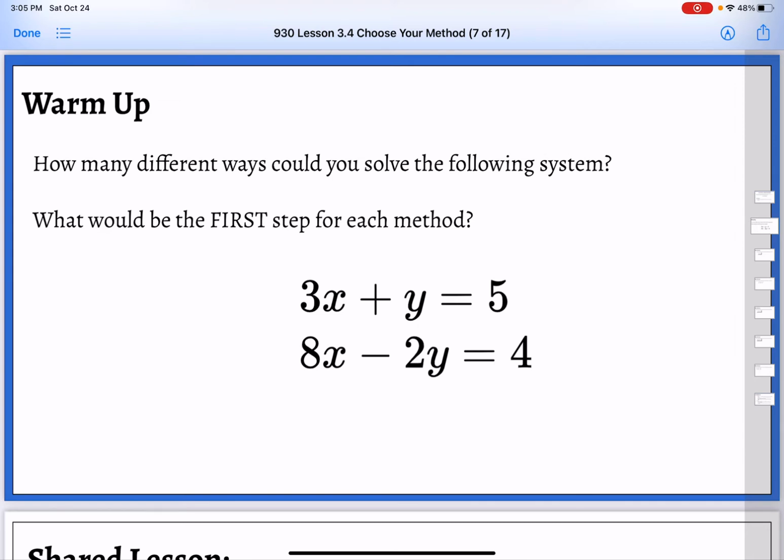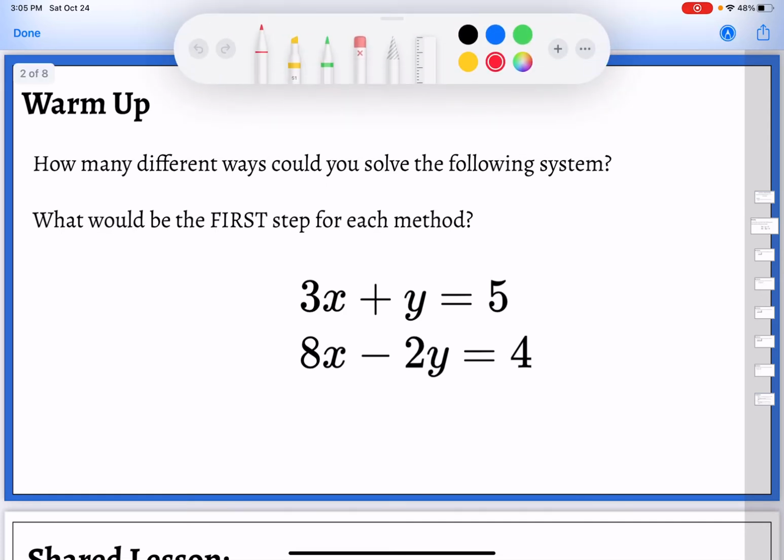So I say that you could solve this system in all 3 methods, right? If I had a graph, I could use graphing to solve it. So I could use graphing, and the first step would be to put each equation into slope-intercept form. But when I look at them, I don't think that would be too hard, right? On the top equation, all I have to do is subtract 3x, so I get y equals negative 3x plus 5.